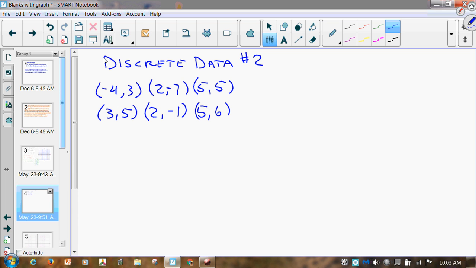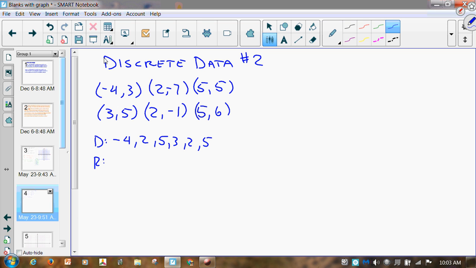All right, now let's do this again with the domain and range. First of all, let's just separate the two lists. The domain list is -4, 2, 5, 3, 2, 5, okay? And then the range list, and remember this is not properly done mathematically yet.